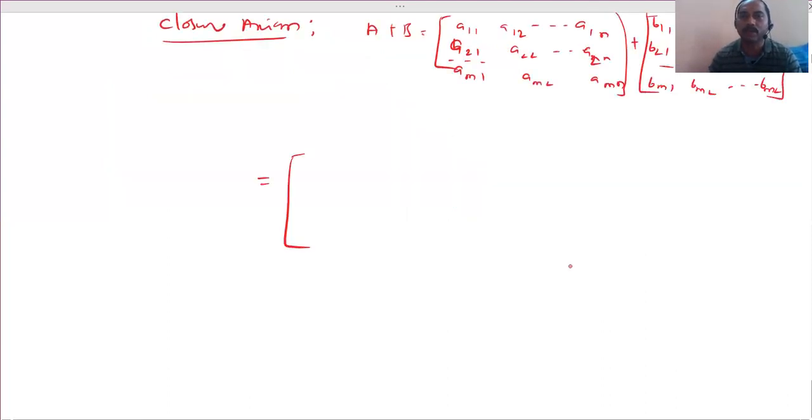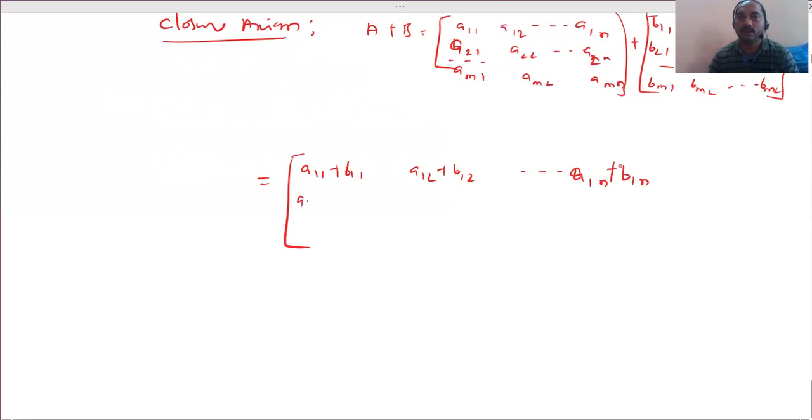The first component a11 plus the first component of the second matrix b11. This is the resultant first component, then a12 plus b12, and so on, a1n plus b1n. This is the first row of the resultant matrix.